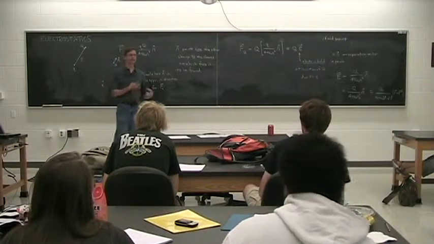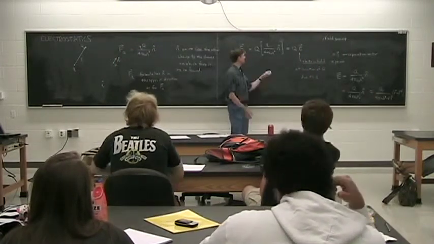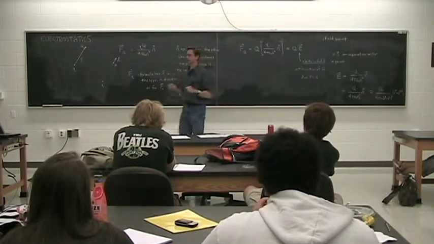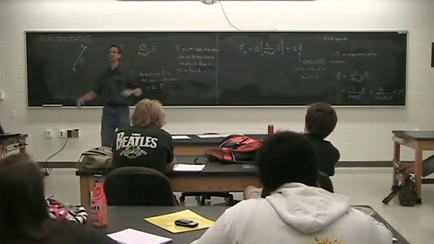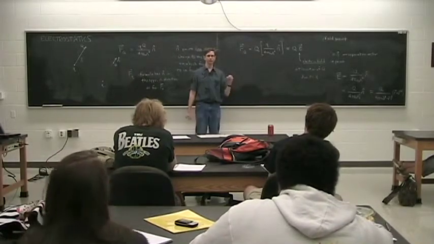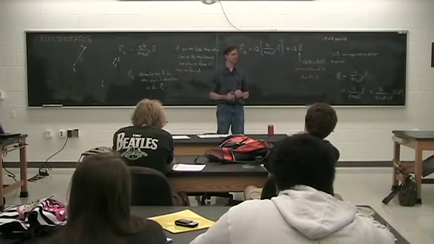In other words, how do they communicate their presence to each other? So what we say is, the way that big Q knows that little q is there is that little q sets up an electric field around itself. And what big Q is actually responding to is not little q itself directly, but to the electric field at its location.